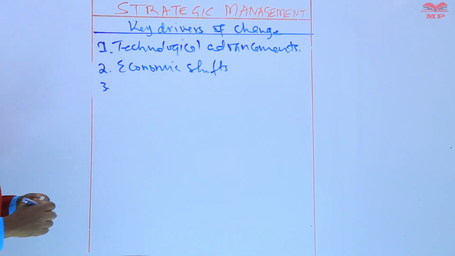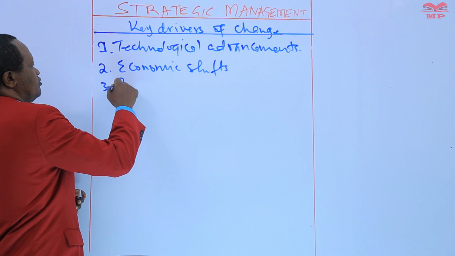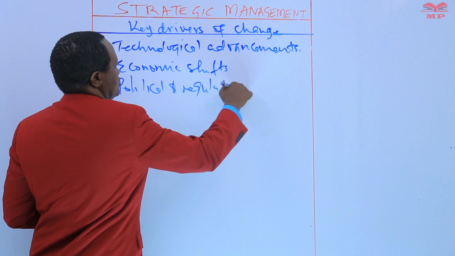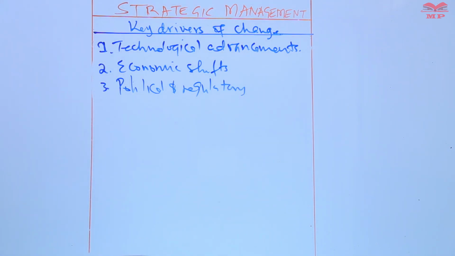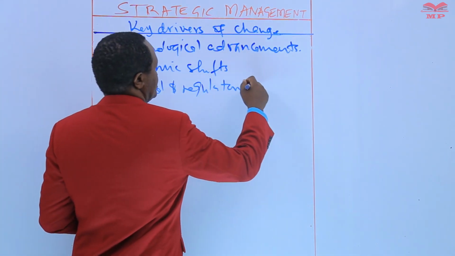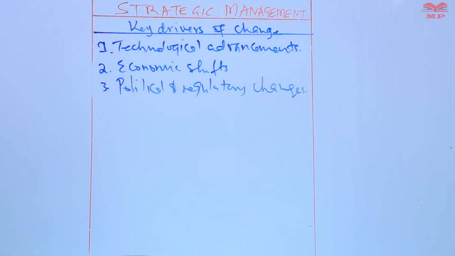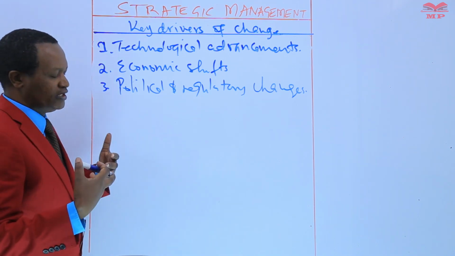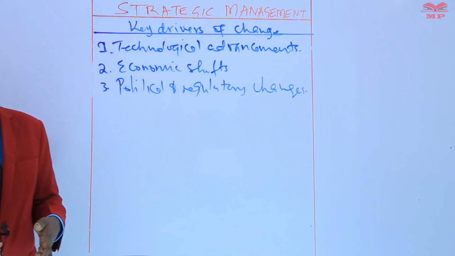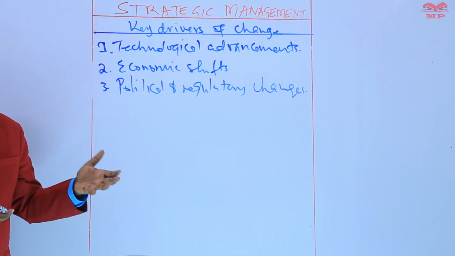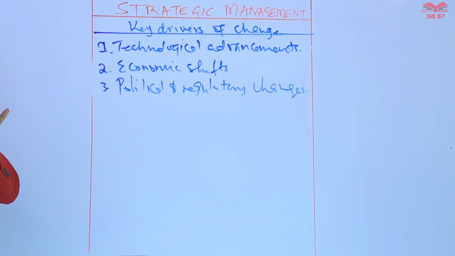Three, we have political and regulatory changes. Political and regulatory changes are also key drivers of change. These are government policies, rules, regulations, political instability, political stability, which play a crucial role in shaping the business environment.